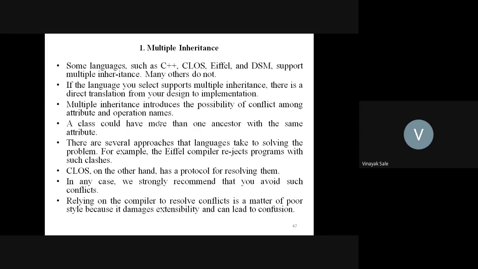If the language you select supports multiple inheritance, there is a direct translation from your design to implementation. Multiple inheritance introduces the possibility of conflict among attribute and operation names. A class could have more than one ancestor, that is superclass, with the same attributes. There are several approaches that languages take to solving the problem.